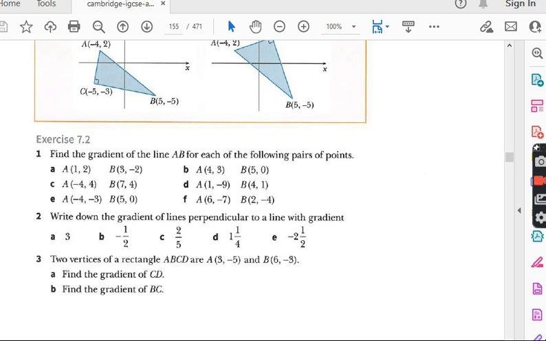This concept is not new for you because you already learned how to find the gradient of a straight line in your math course. But as you know, my habit is to do each and every part and each and every question of each and every exercise from the chapter. So let's start question number 1 of exercise 7.2.